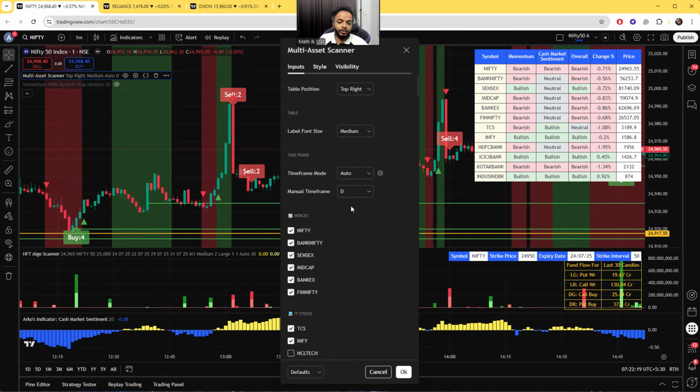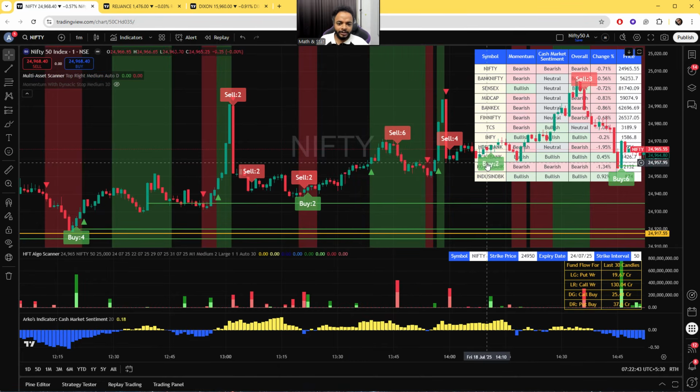But if you want manual mode, you can select the manual mode, and then you also have to select the manual time, like 1 minute or 3 minutes, and then whichever chart you are on, it doesn't depend, it will analyze with respect to that time frame. Okay, so that is the thing about the multi asset scanner.